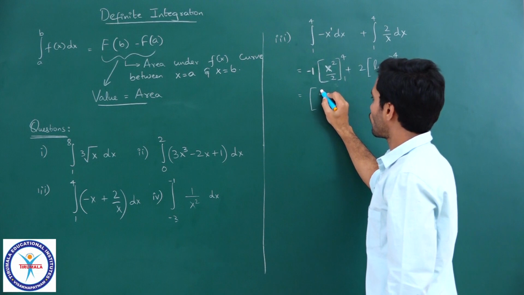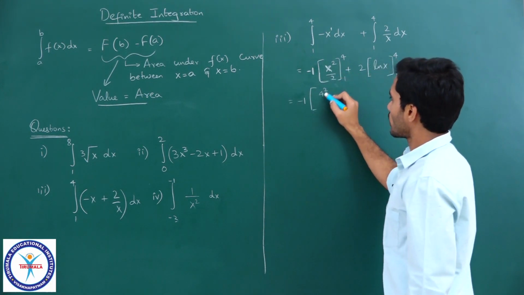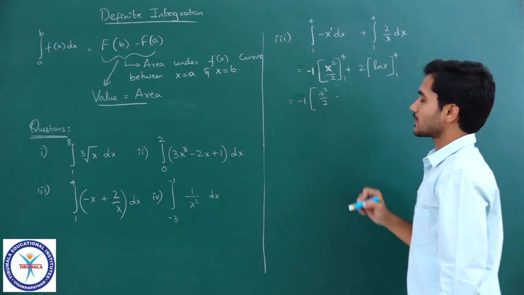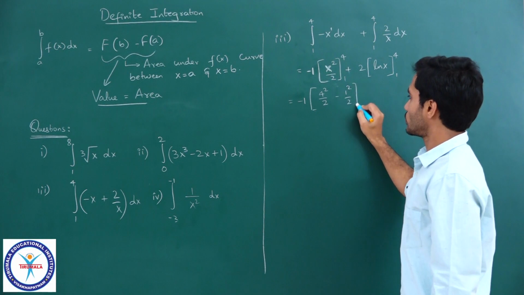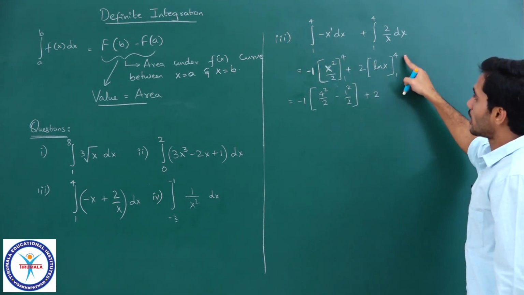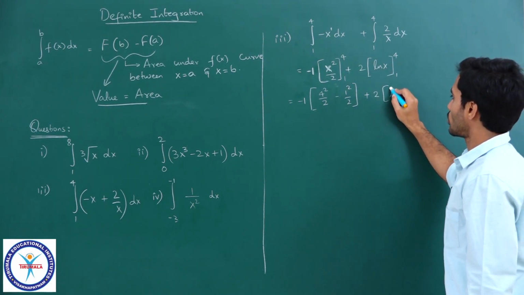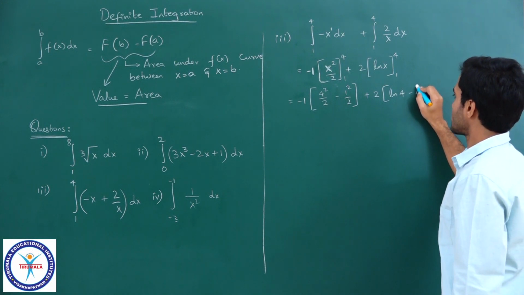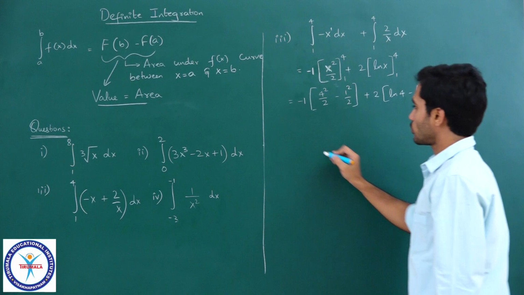So, I have 4 square by 2 minus, now substitute 1, 1 square by 2 plus 2 into ln 4 minus ln 1. In place of this function, first substitute 4, then 1, and that would be the final answer.